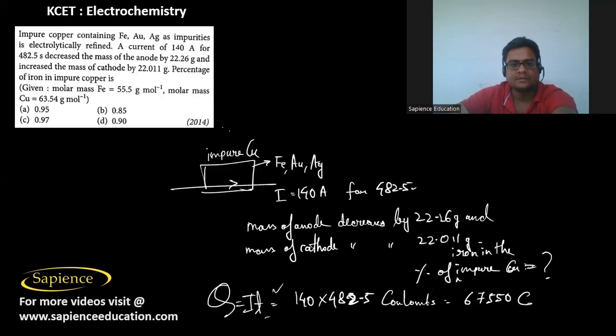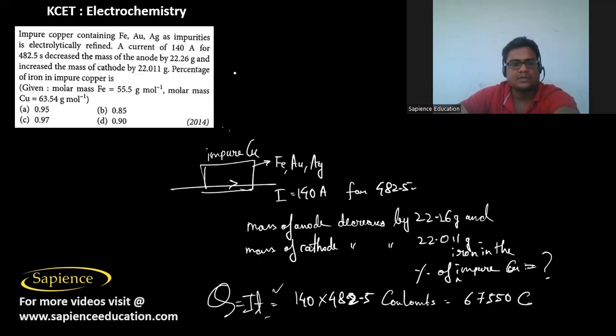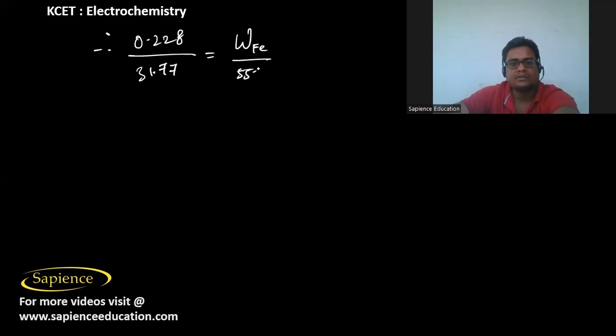So now the weight of copper, that is 0.228 gram, divided by the equivalent weight of copper, that is 31.77, is equal to the weight of the iron divided by the equivalent weight of iron, that will be 55.5 divided by 2.